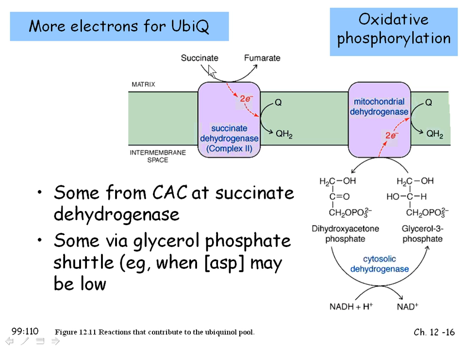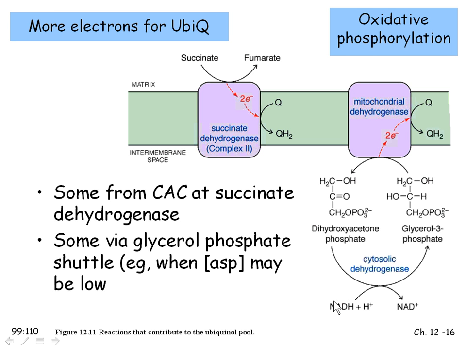And in the process of transferring electrons between succinate and fumarate, those electrons get passed into the complex where they can be used to reduce ubiquinone to ubiquinol. You notice that complex 2 does not pump protons. It just moves electrons.